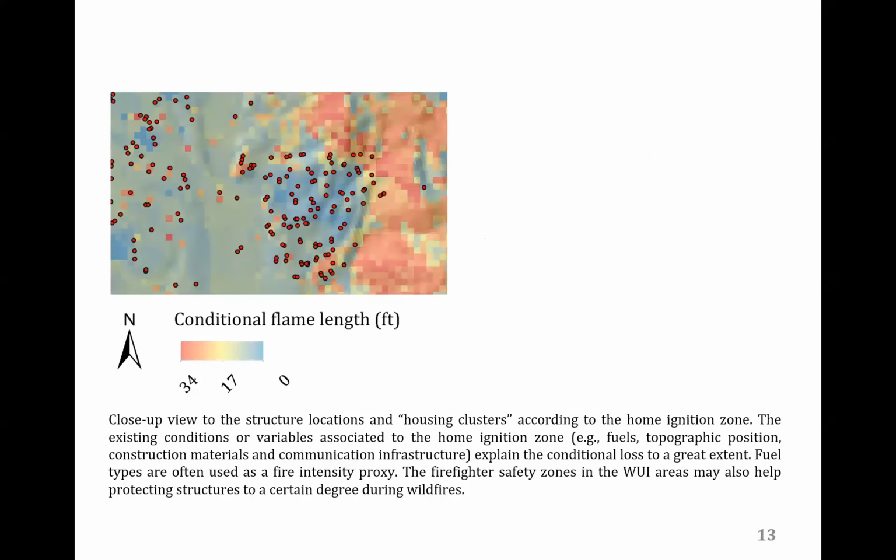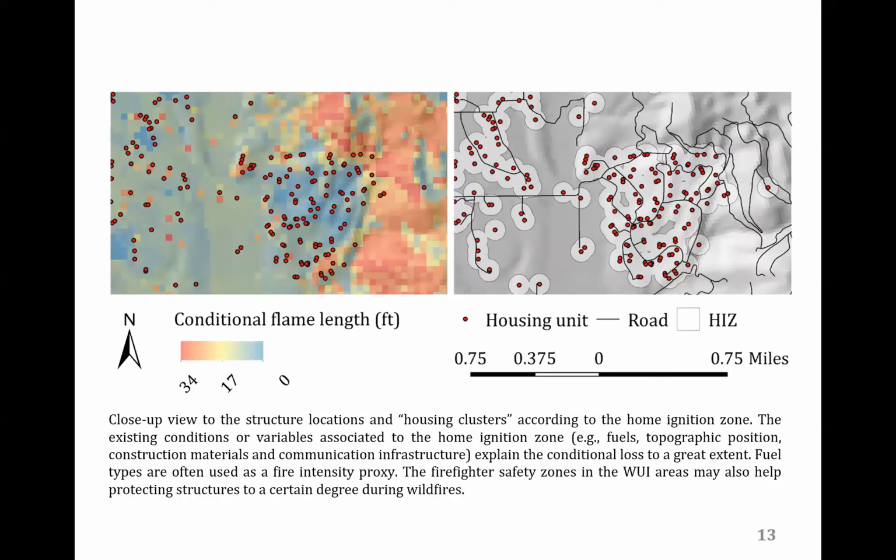So this is just a close-up view of a portion of the landscape where we have structure centroids, these red spots, and the home ignition zone area, where we have a very changing and different gradient all across the landscape with different clusters in terms of size, structure density, road density, hazardous fuels percentage covered, and other variables.